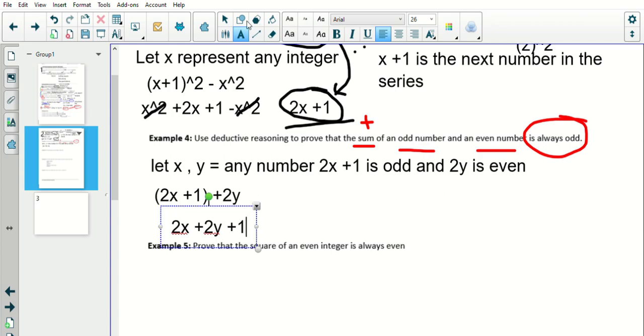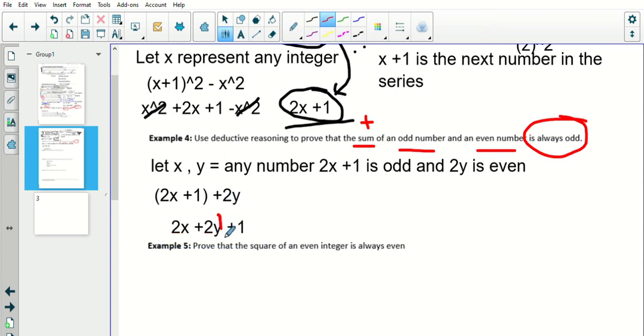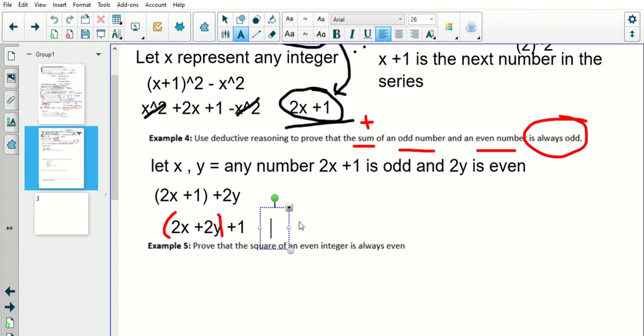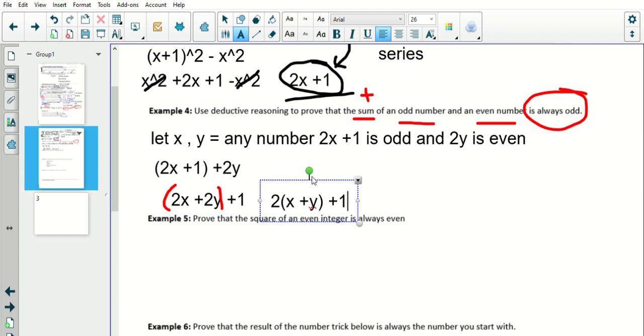And if I do that, we can see that I have a common factor here, and that's that 2. So I'll get 2 times x plus y, plus 1. And guess what? That's the definition of an odd number. So we've just proved that anytime I add an odd number and an even number, I will get an odd number.